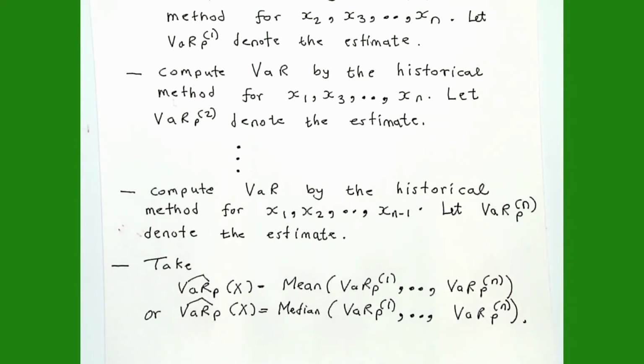So it's very similar to the bootstrap method, except here at each iteration you remove one data point at a time. Right, so you have n estimates left, and in the final step you take the mean or the median of the n estimators. All right, so that's method number 3.